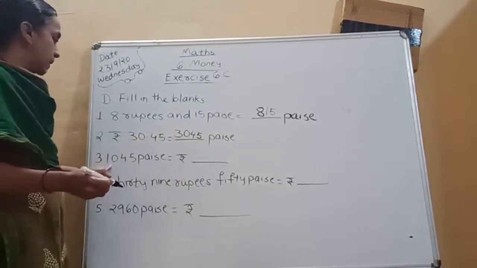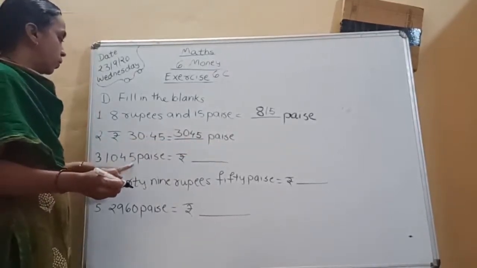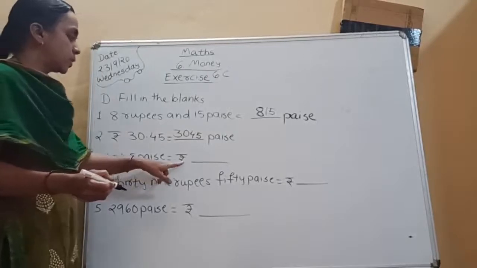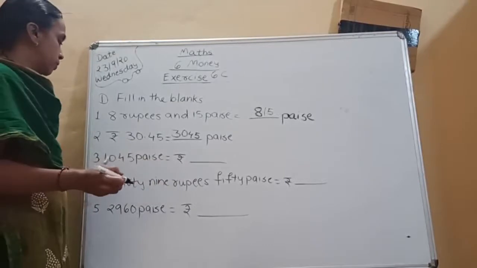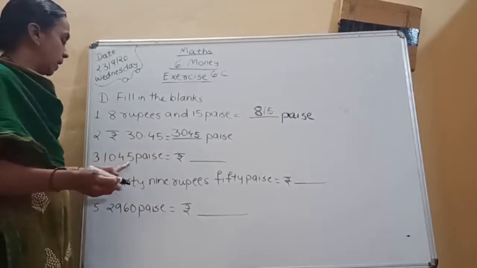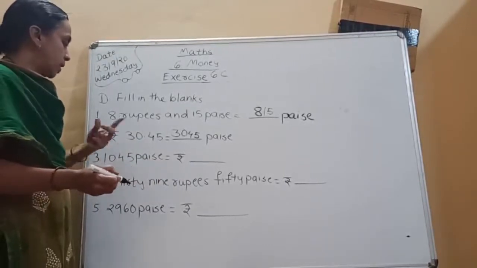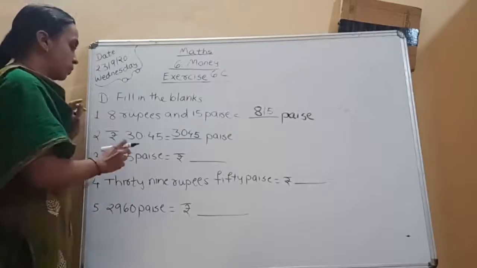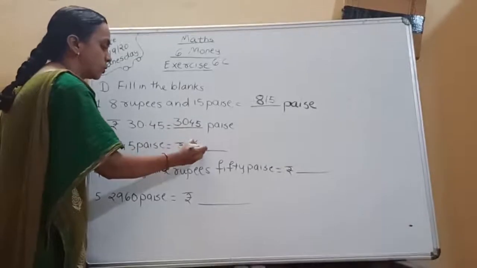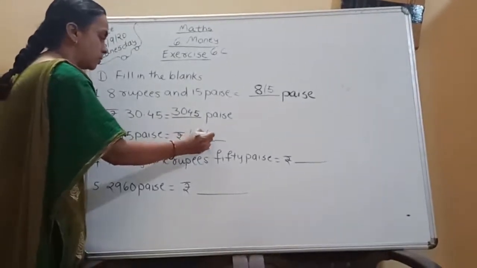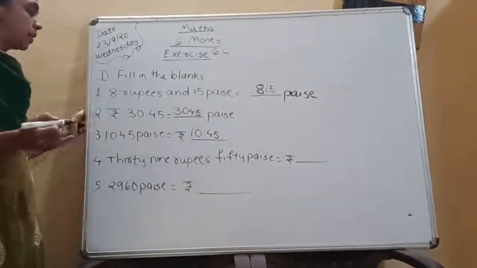Okay, now see third example. 1045 paise equal to rupees. This paise we have to convert into rupees. So 1, 2, 3, 4. How many digits are there? 4 digits are there. So we have to give point after this first two digits. So rupees 10.45. You write down like this.